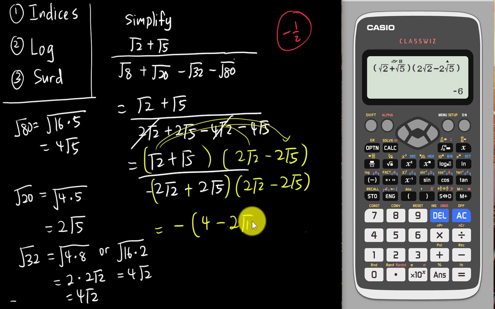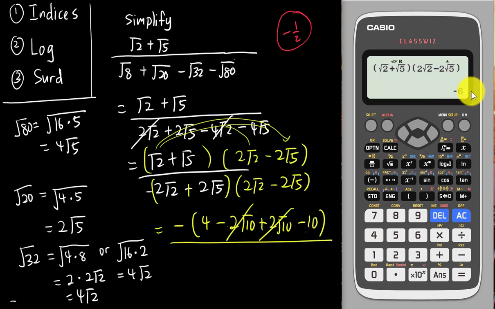So it's minus 2 sub 10. Then I will do the sub 5 multiply this one, which is a plus 2 sub 10. And then sub 5 times sub 5 is 5, and then multiply by negative 2 is negative 10. So this one and this one cancel, and then 4 minus 10, this is the reason why the calculator will tell you it is negative 6.